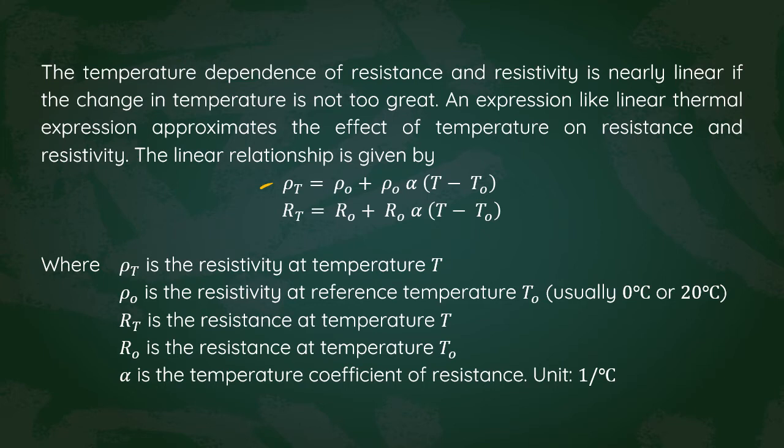Then you have the formula for the resistance at temperature T, which is equal to the resistance at the reference temperature plus the product of the resistance at the reference temperature multiplied by the temperature coefficient multiplied by the change in temperature.